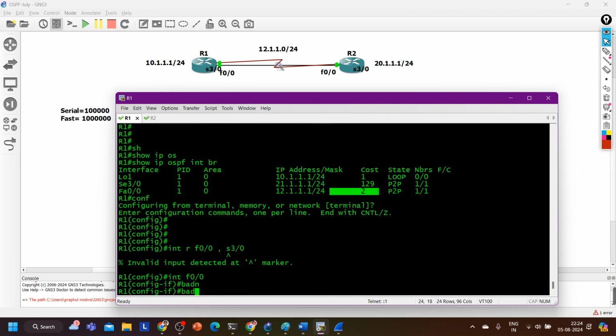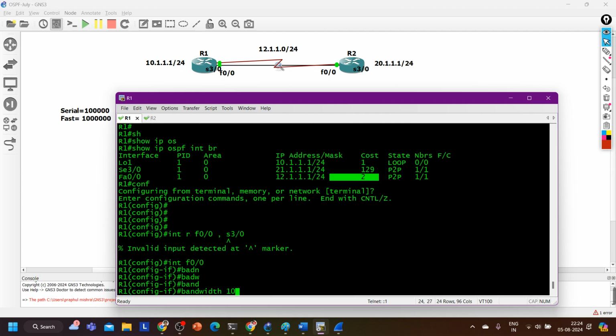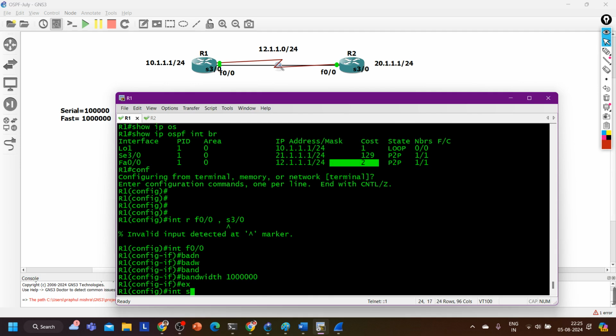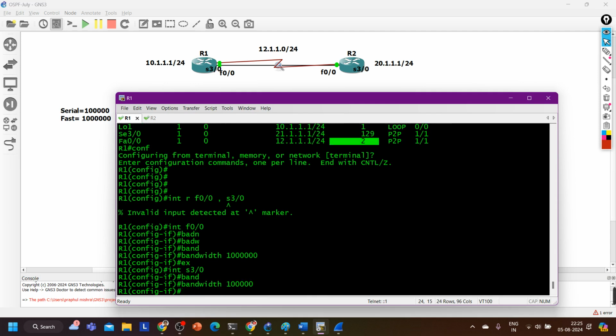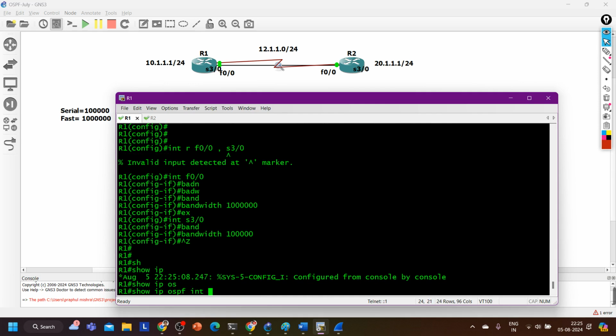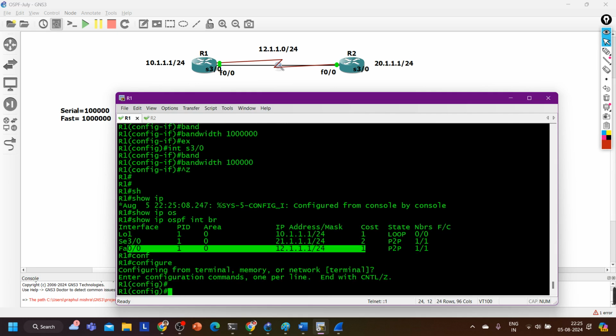On F0/0, say bandwidth is set, and on serial interface 3/0, bandwidth is set. So, show IP OSPF interface brief: cost is 2 on the serial link, cost is 1 on the Fast Ethernet link. In this scenario it is able to find the best path.